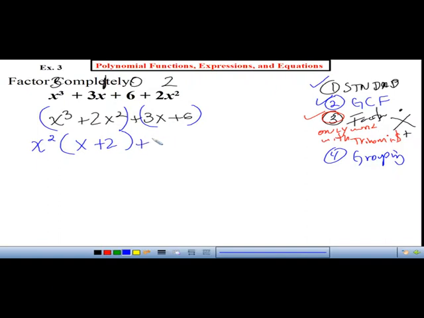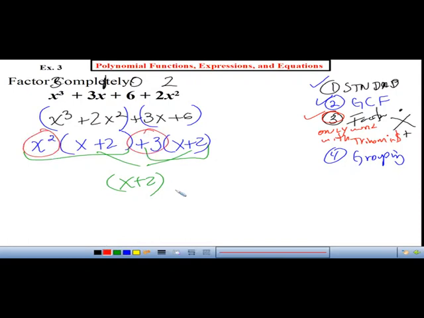GCF is 3. And we're left with x plus 2. So my factors that are the same here and here are x plus 2. And what's left over if I factor that? We're left with x squared plus 3. And these are my factors.